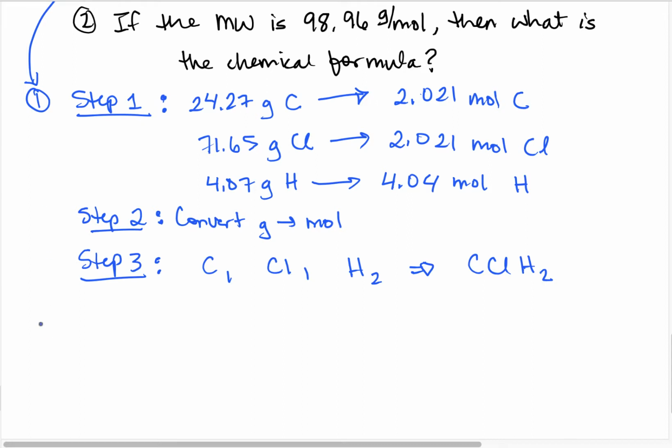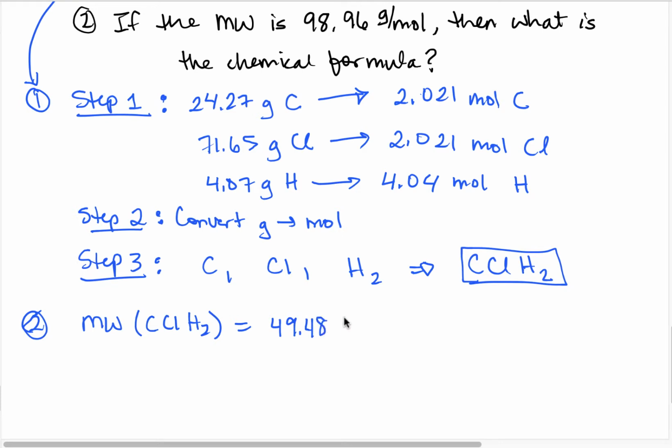So in our second part of our step, we're told that our molecular weight is 98.96. So we take this empirical formula and we calculate the molecular weight for just the CClH2. And this is equal to 49.48 grams per mole if you work it out.